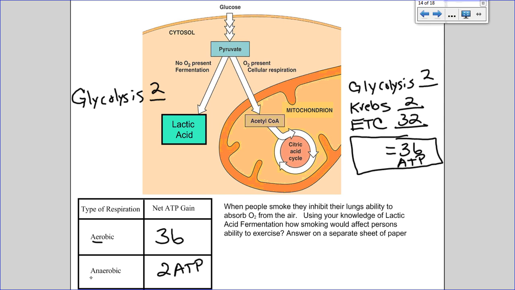So when you undergo anaerobic glycolysis, this can only happen for a short period of time because eventually you will run out of ATP. So you'll need to replenish your oxygen store so that you can undergo aerobic respiration in order to create your 36 ATP. This is a very interesting process because it does allow us to sustain for a short period of time, but it is only a temporary process that will eventually need to go back to aerobic respiration in order to survive.